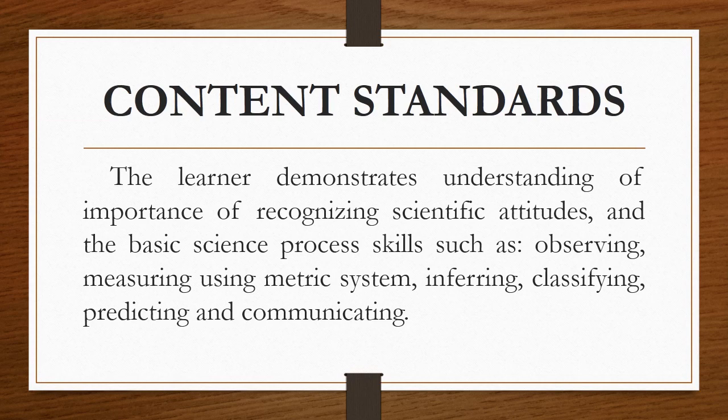Now, you are asked to demonstrate the understanding and giving importance of recognizing scientific attitudes. So meaning, you, my dear students, are expected to really master the basic science processes.